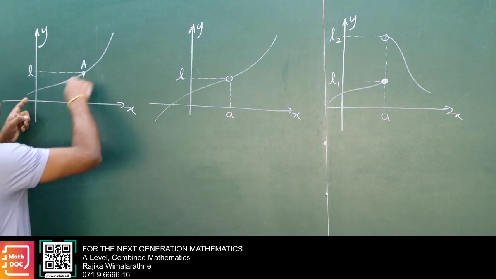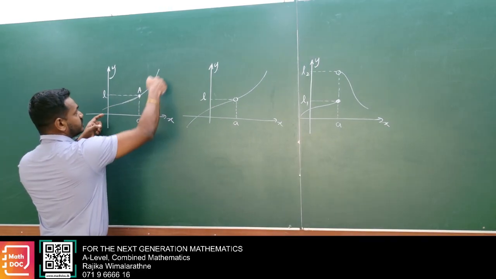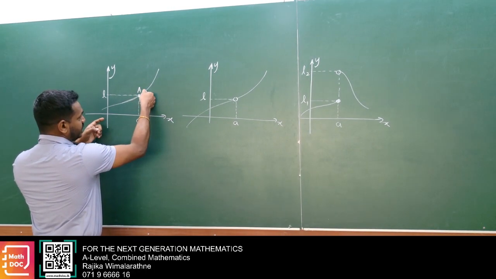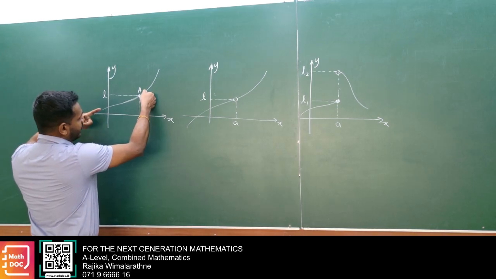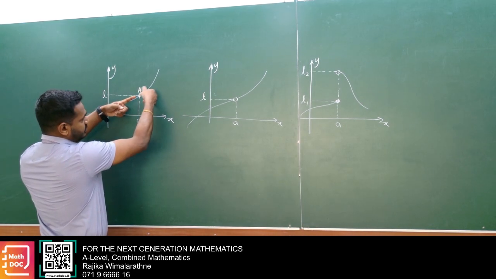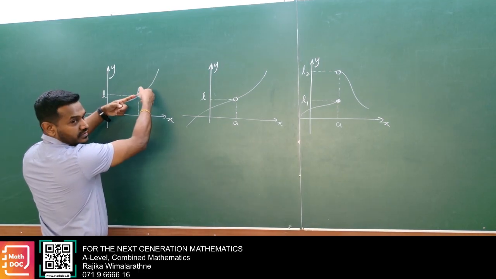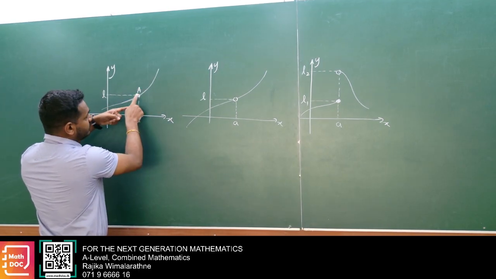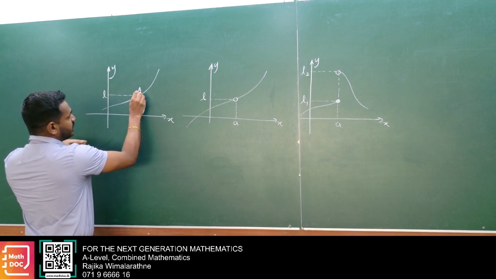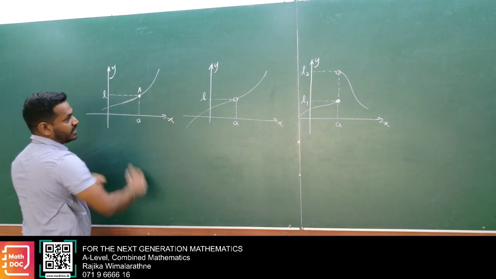So you can go through this path. When you go right hand side, you tend towards A. When you go left hand side, you tend towards A. Then you meet at the common point. And also it is defined. A is defined.